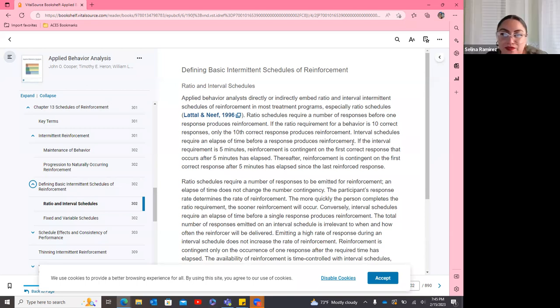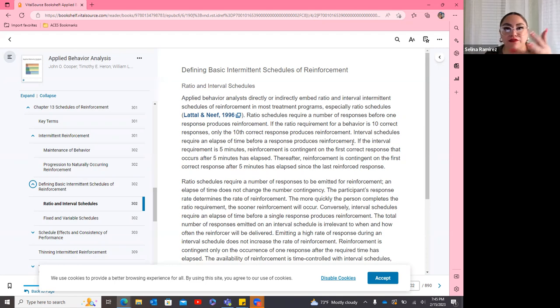So let's say I have my client on a varied interval of 1 minute. And so that I could try to explain to the technician what that means, I tell them just go up 1 or down 1. So you can either reinforce them after every, okay, 1 is not a good example.